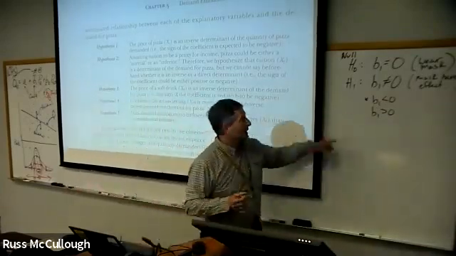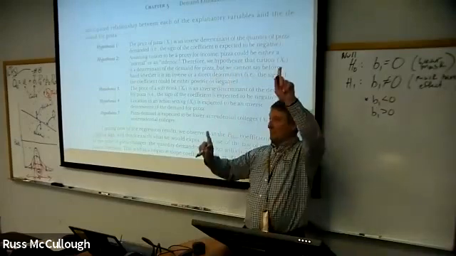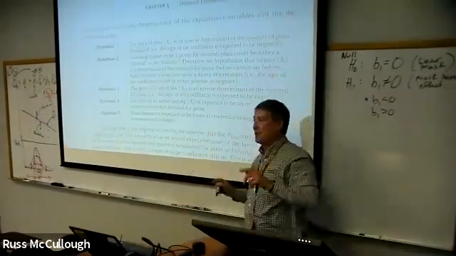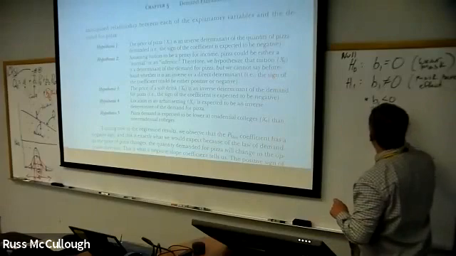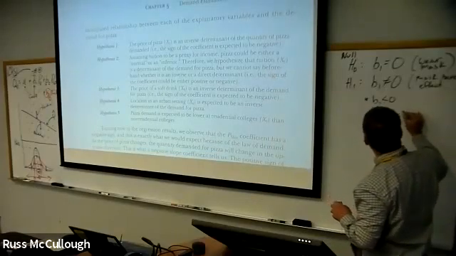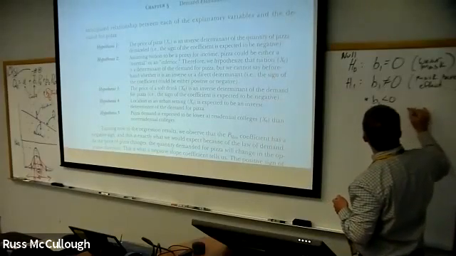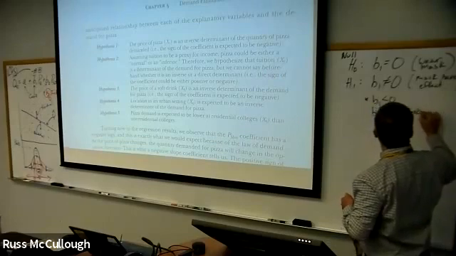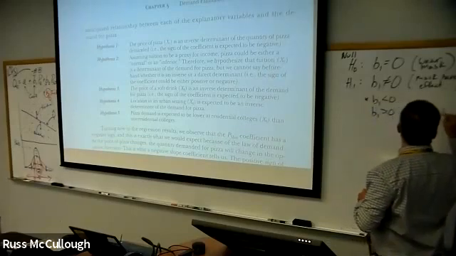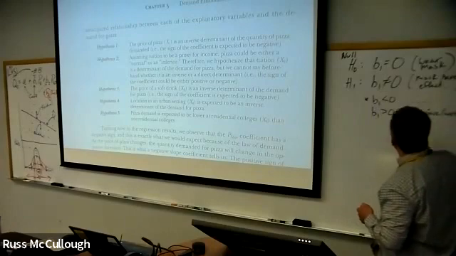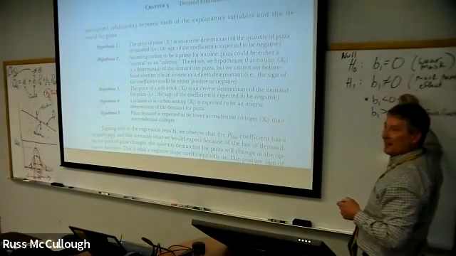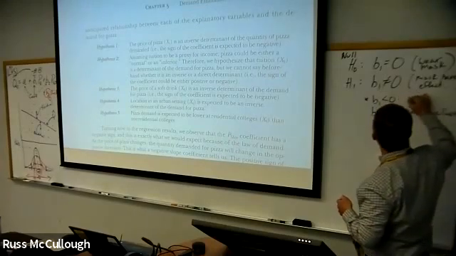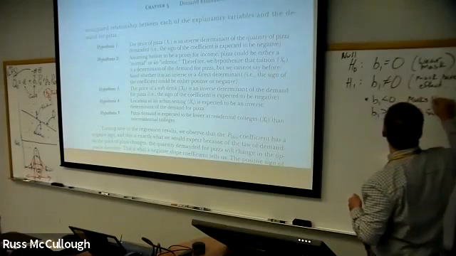B1 greater than 0, right? More mask wearing leads to more lives saved if our dependent variable is lives saved. So beta 1 greater than 0, masks have a positive effect. Masks save lives. And then what does this one say? That masks actually are hurting. Masks are hurting, yeah, masks kill.